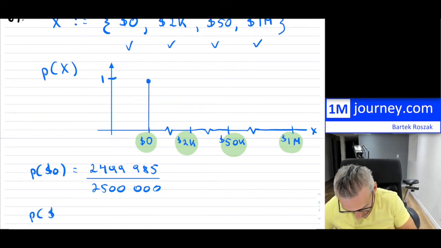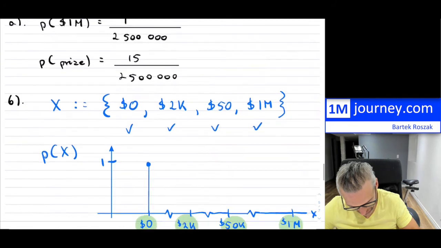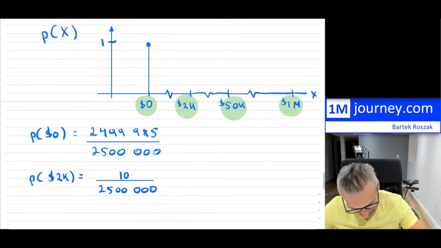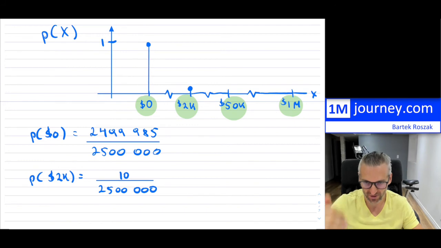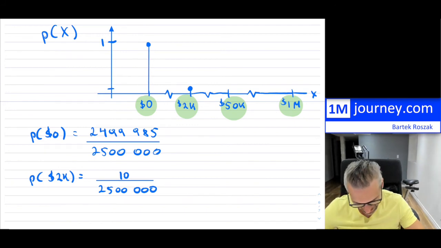So the probability of $2,000, I think there were 10 of those, so this is going to be 10 over 2,500,000-something. It's going to be somewhere within here, even lower, so we would probably have to map these on.